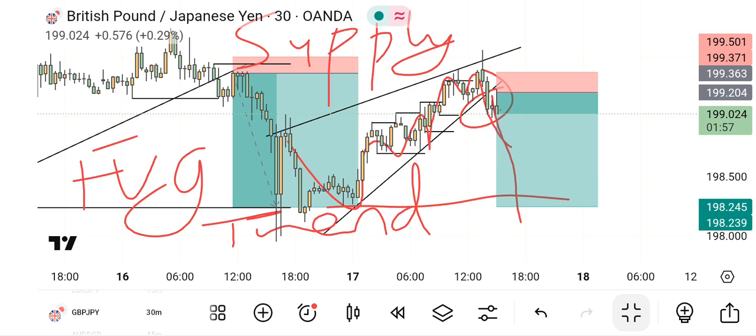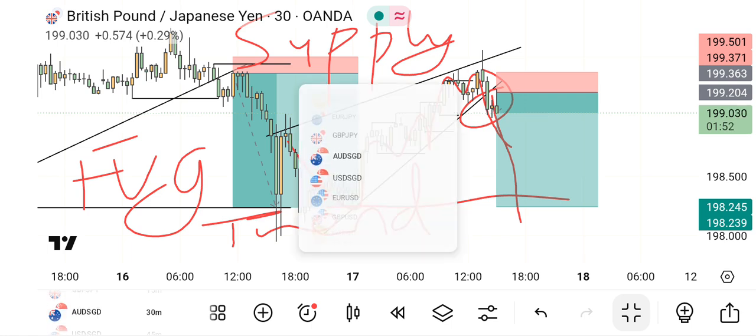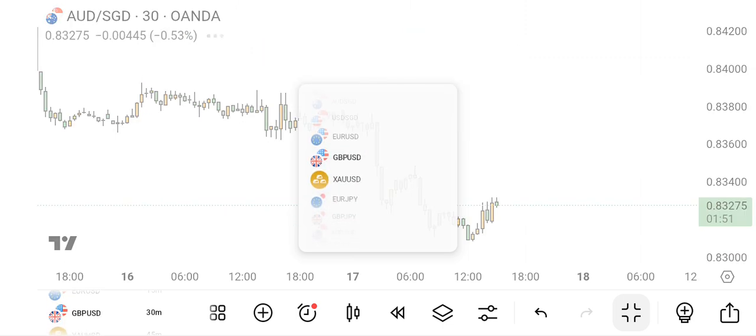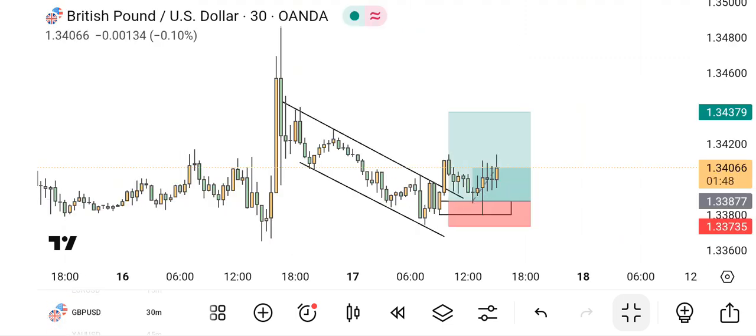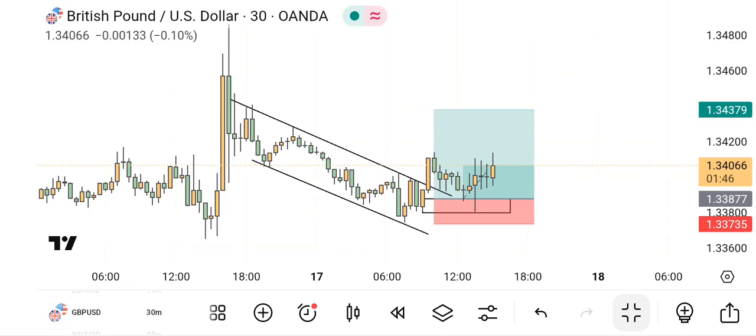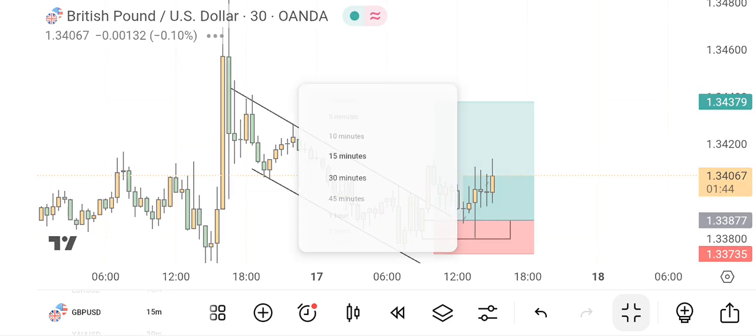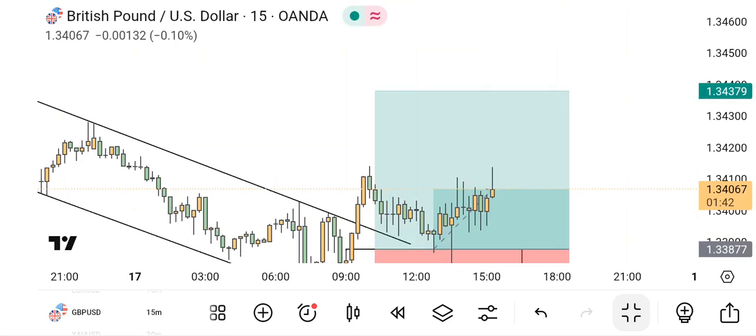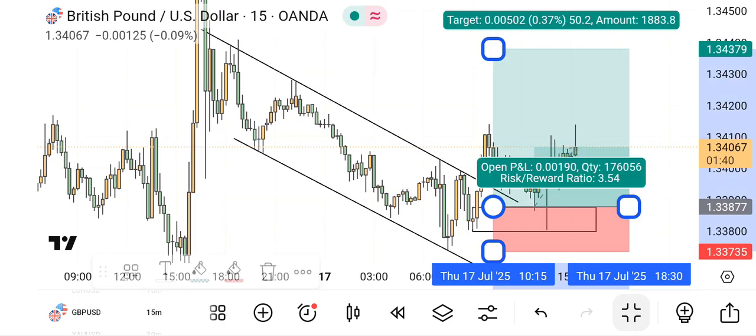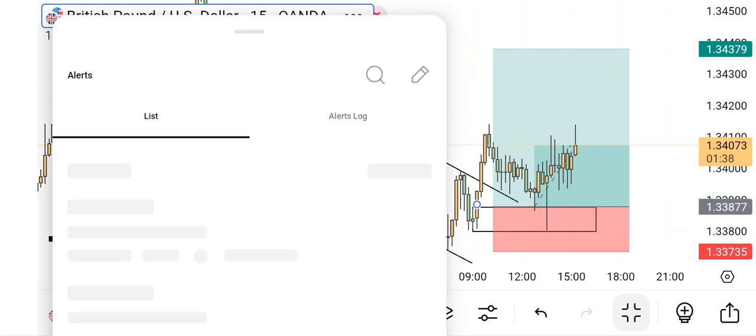The same thing with gold. That's how I got it. And this GBPUSD that is still running, you see the trend line on the 15 minutes time frame, the price retested back to this doji candlestick here, around this zone.